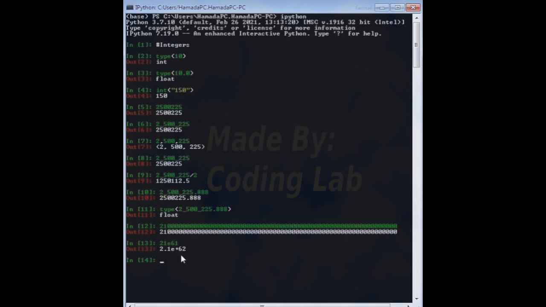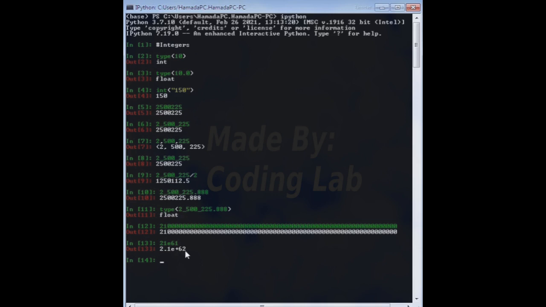So we write 21e61 means 21 multiplied by 10 to the power 61, or 2.1 multiplied by 10 to the power positive 62.